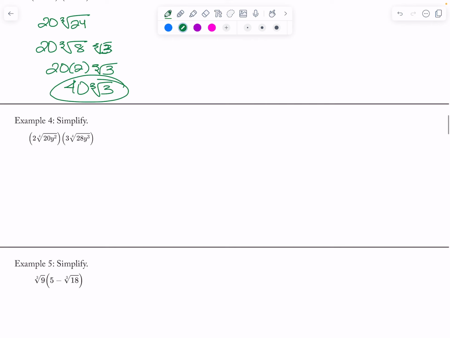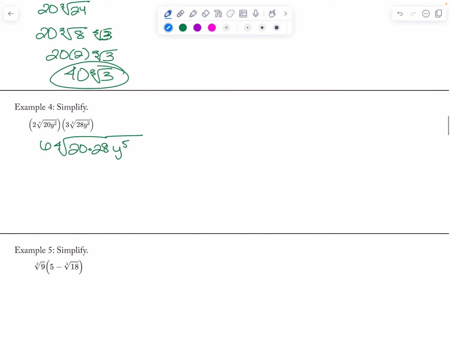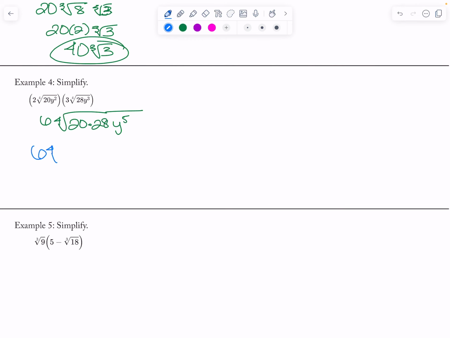Okay, and then I can multiply again. So 6 is on the outside. I have the fourth root. I have 20 times 28 y to the 5th power. So now I have 6. I have the fourth root. I have 2 times 2 times 5 times 2 times 2 times 7. And then I have y to the 4th and y to the 1st power.